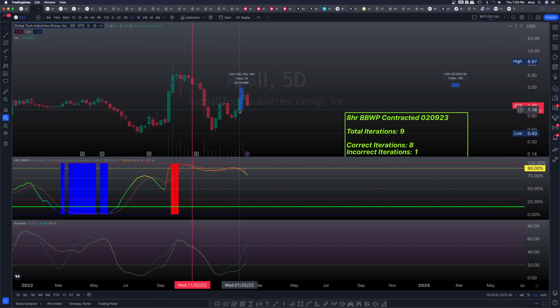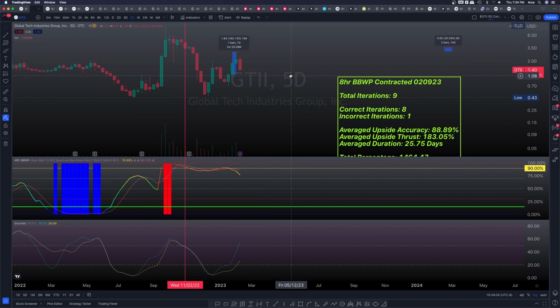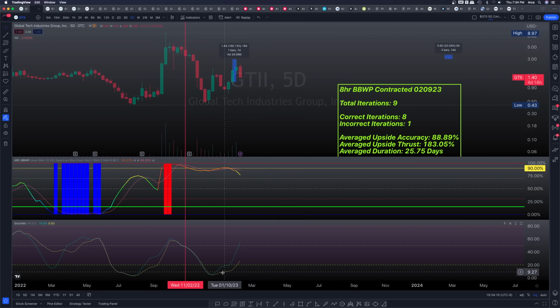The opening of this candle to the high that we faced of 298 is a move that was completed of 160.13% to the upside of the 183.05%. In all fairness, it's already fair to say that move has been completed. However, the upside is still suggested, and we're still in a contraction phase.